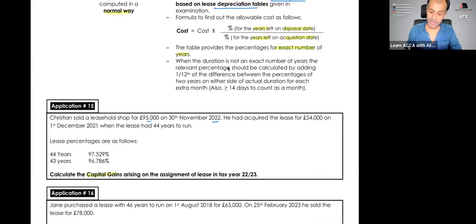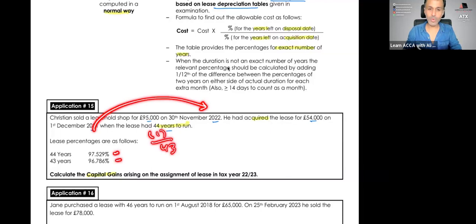He had acquired the lease back in 2021 for 54,000, and the lease had about 44 years to run at the time it was acquired. That should be the thing to consider while computing the denominator, the acquisition date. At that time, the number of years to run were 44. And a year after, on the date of disposal, the number of years to run will be 1 less, 43.